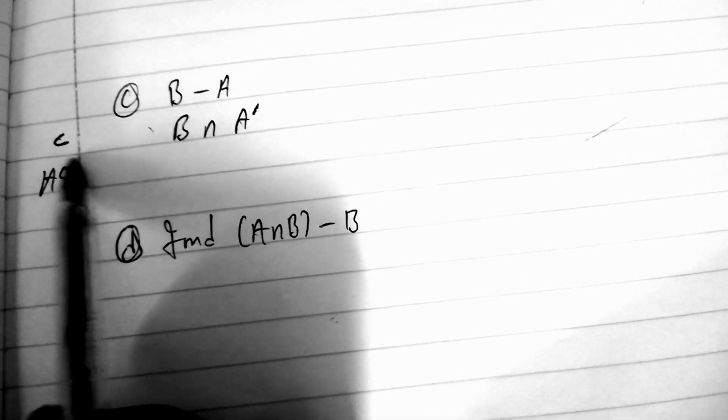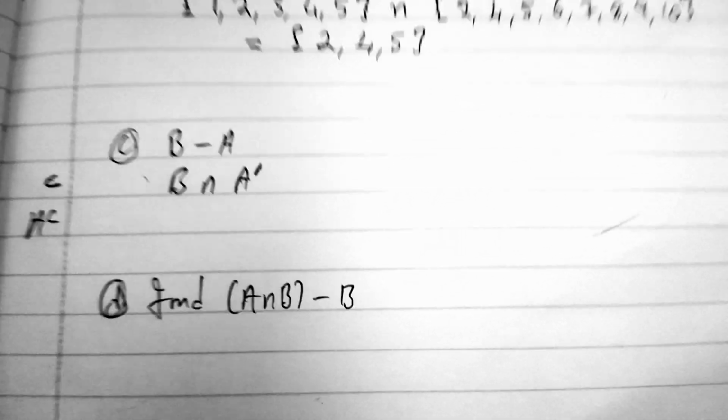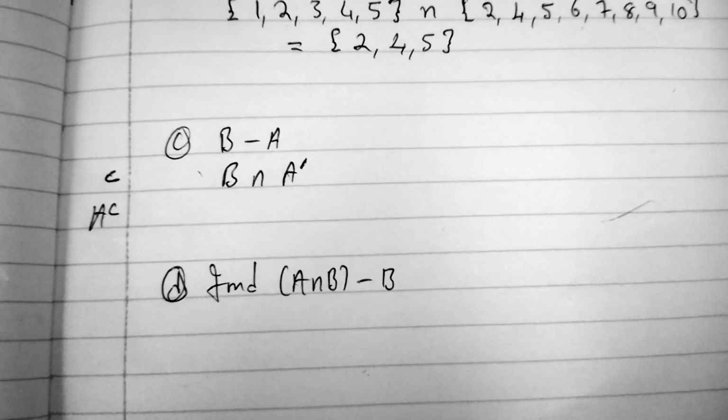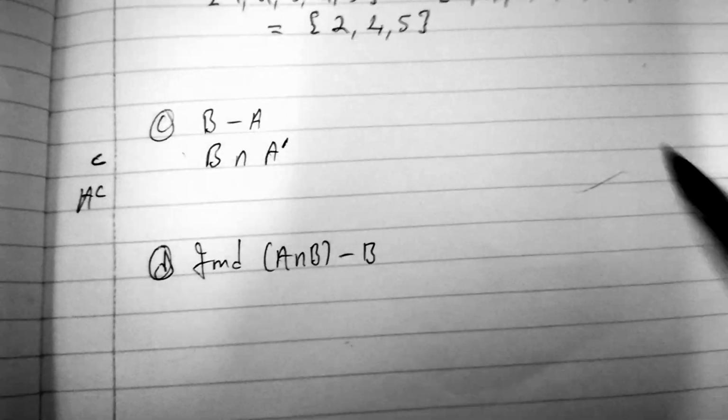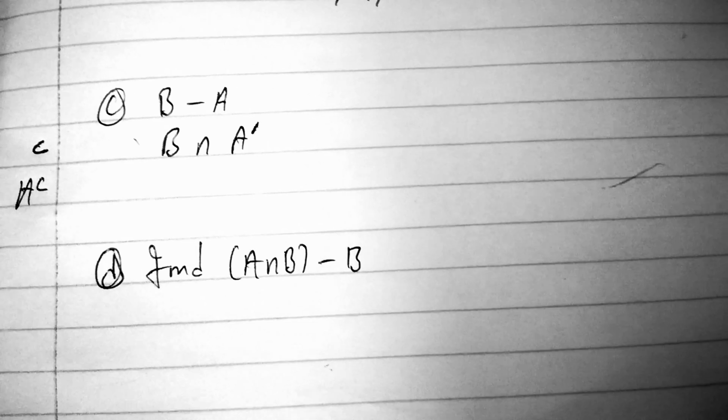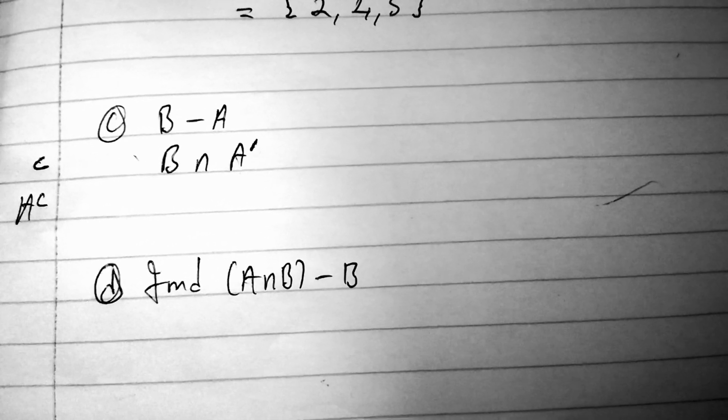They all mean the same thing. So proceeding with the question, we will list what's in B first, then list what is not in A, then find what they have in common.